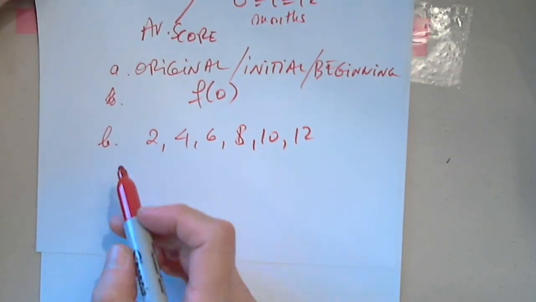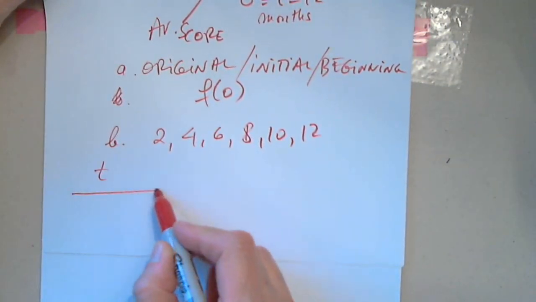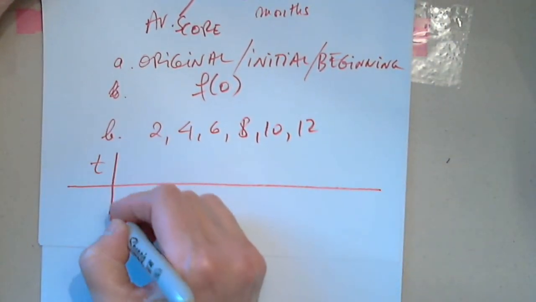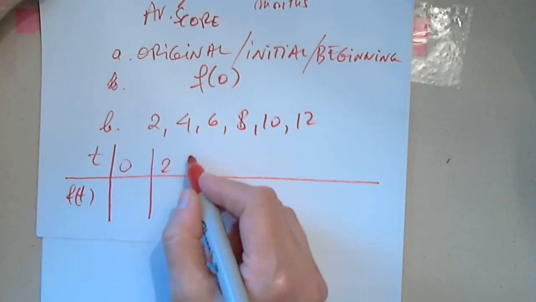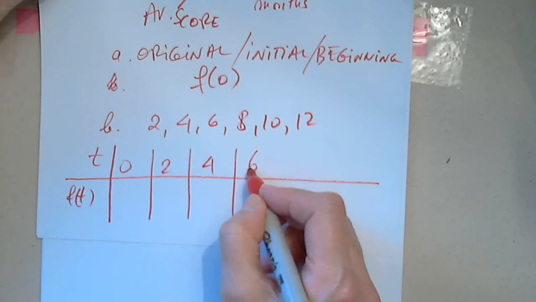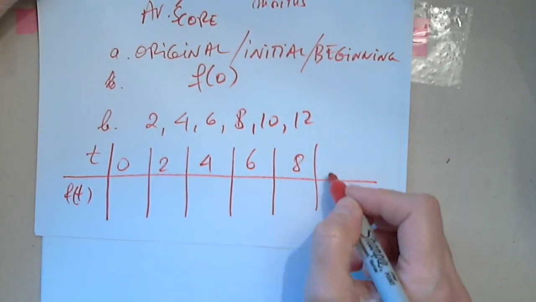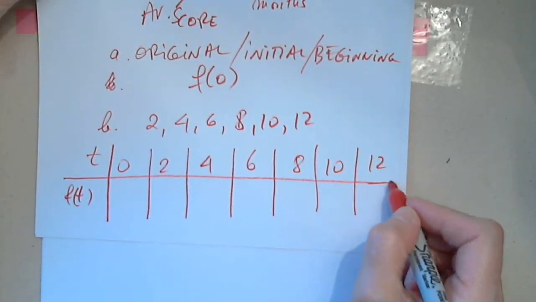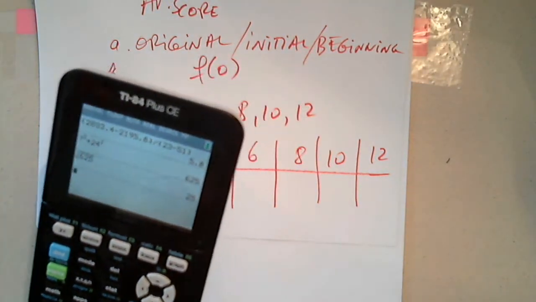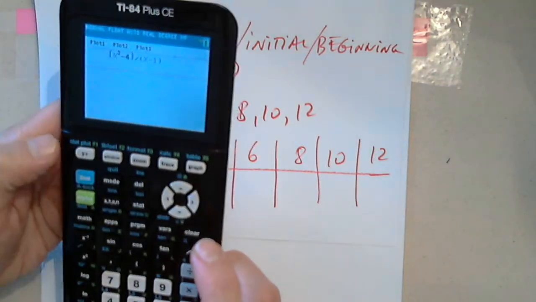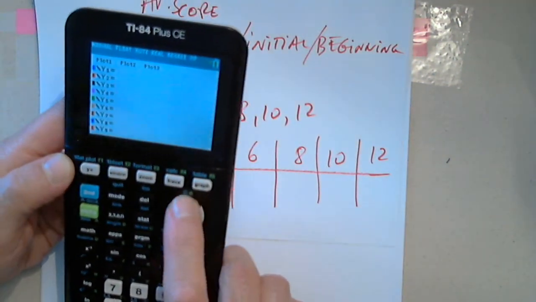So, of course, I'm not going to do this 10 million times. I'm going to do this for 0, 2, 4, 6, 8, 10, and 12. I am going to put the function in the graphing calculator in y equals. Clear if you have anything else in there.